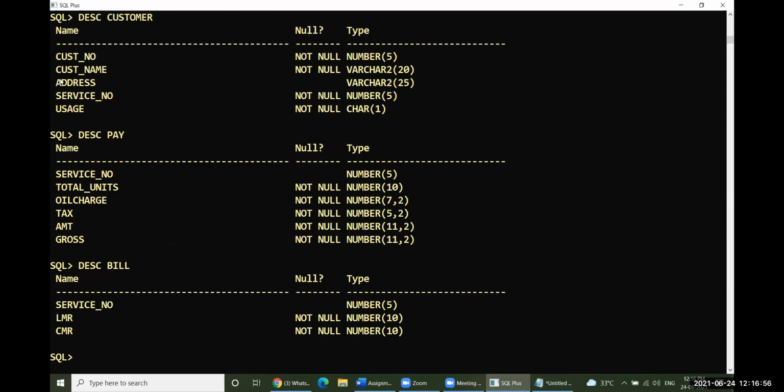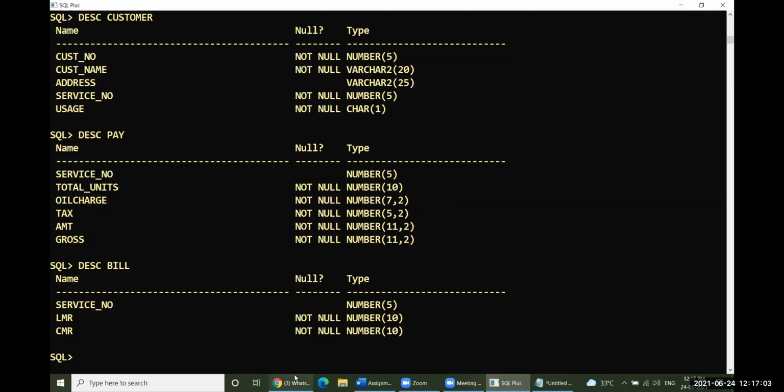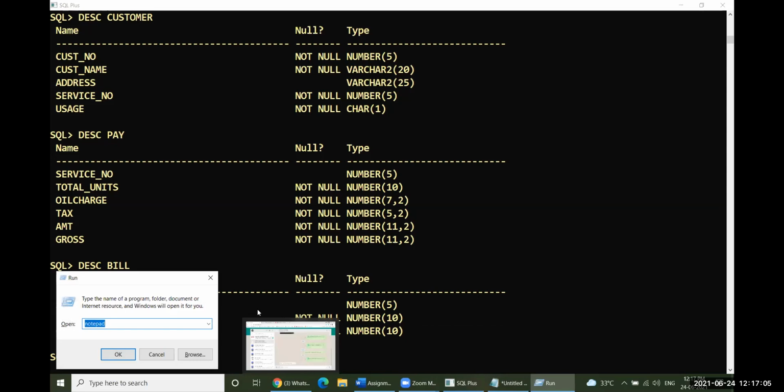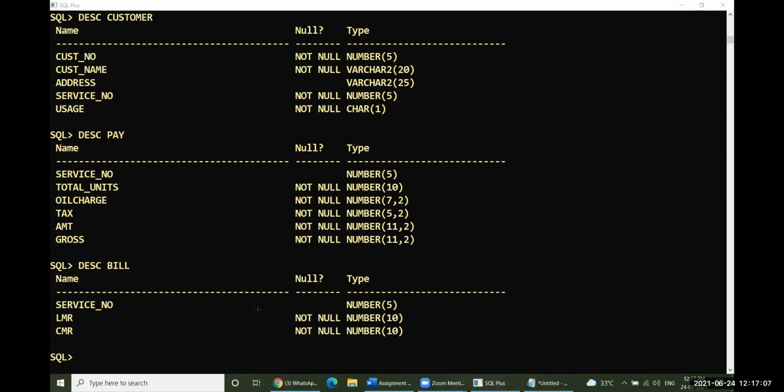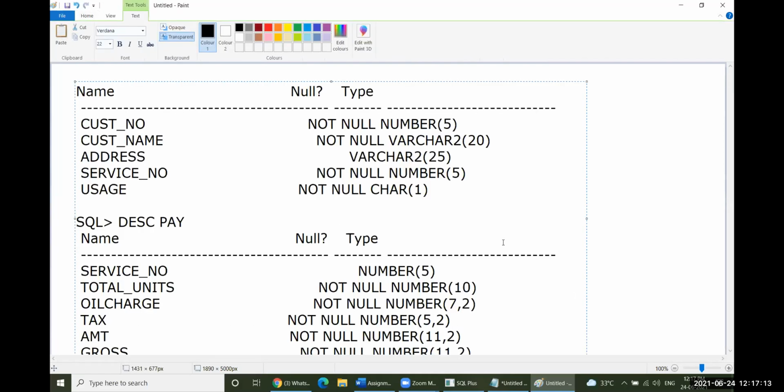If I copy everything from here and paste it in Paintbrush, just wait for a while. Understanding of this particular thing is somewhat difficult here, so try to go through this one.